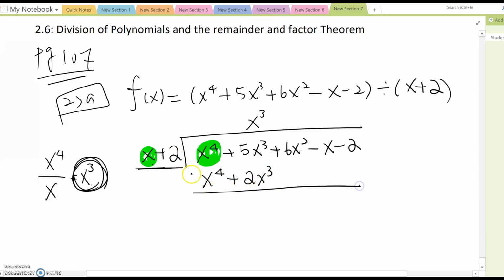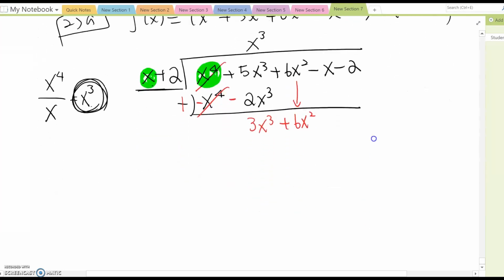And now you subtract. Subtract means you switch their signs, so plus becomes minus and plus becomes minus. Then x^4 and x^4 are eliminated, and 5x^3 minus 2x^3 becomes 3x^3, and this comes down, so it becomes plus 6x^2.